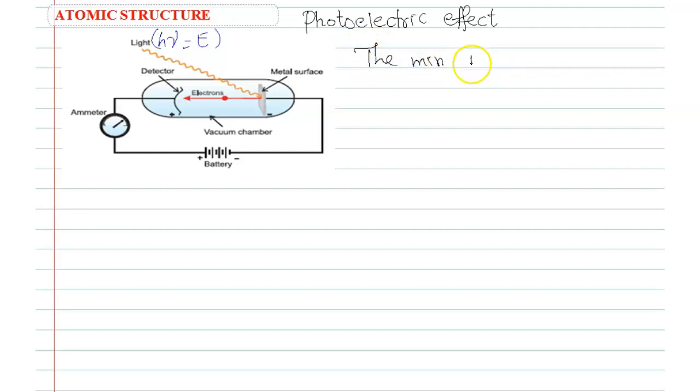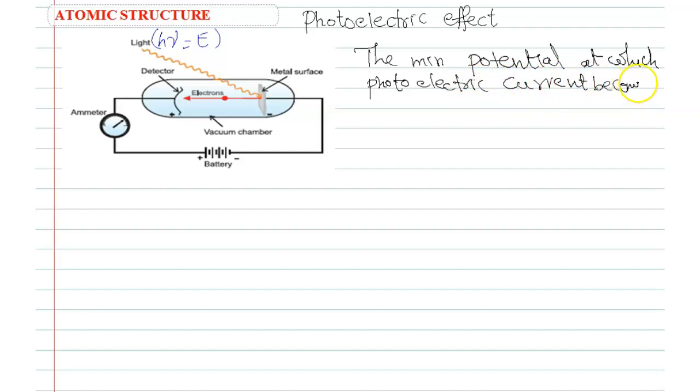The minimum potential at which the photoelectric current becomes 0 is called stopping potential.